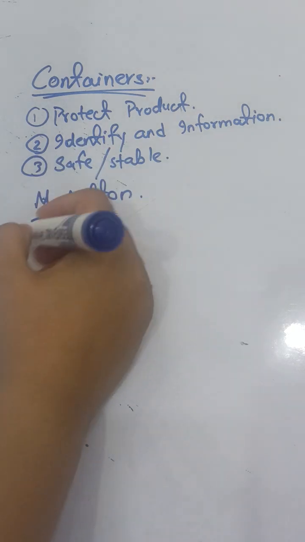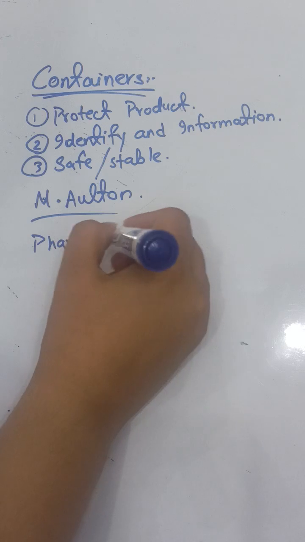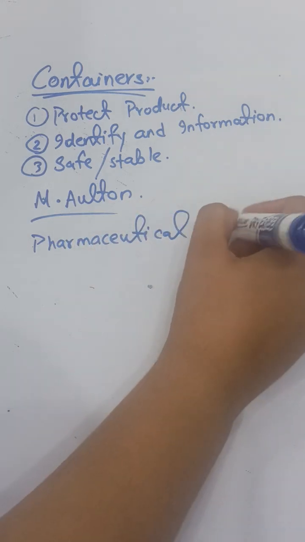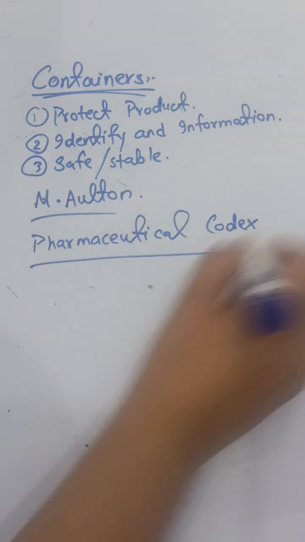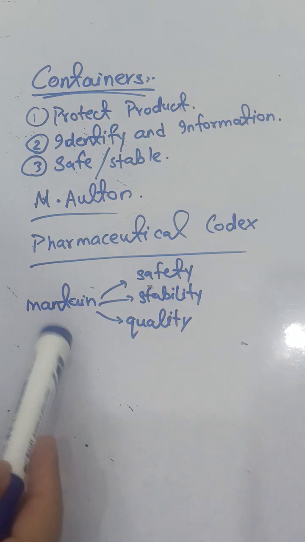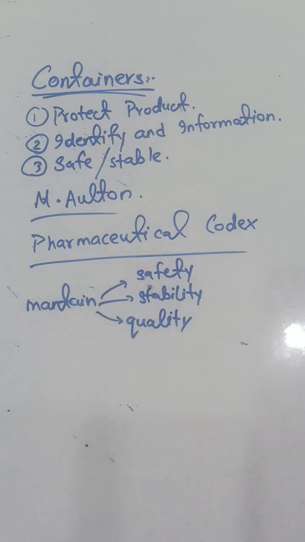The second definition is given by the Pharmaceutical Codex. Okay guys, according to the Pharmaceutical Codex, the definition of containers is that it is very good for maintaining the safety, stability, and quality of our product.